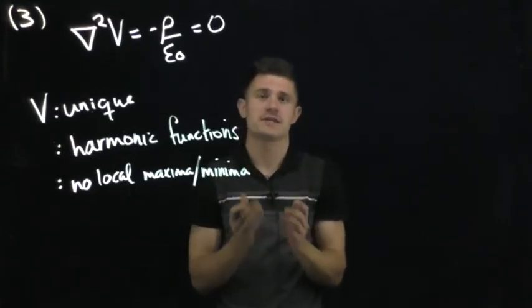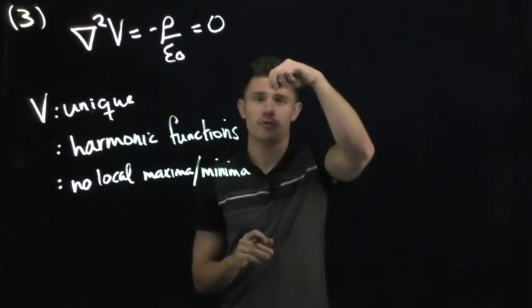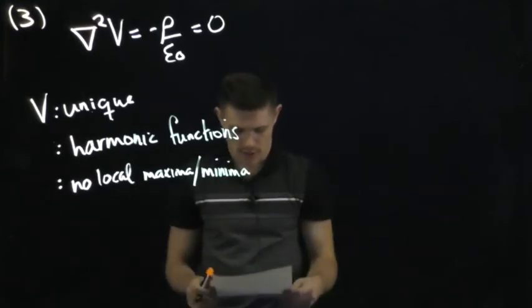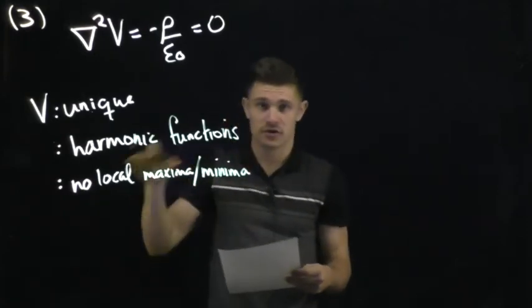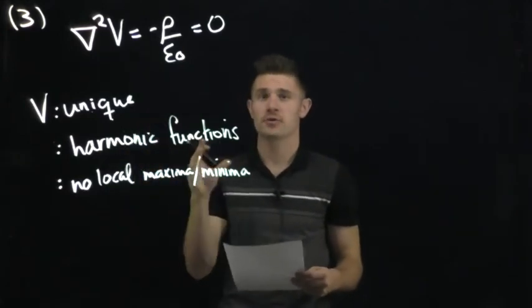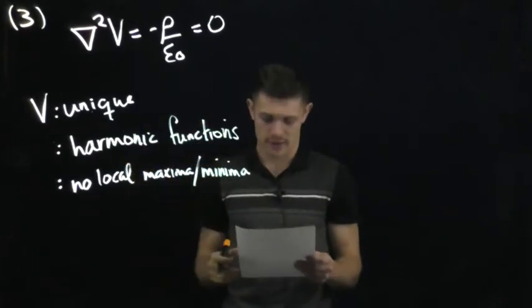It would never find a place to sit and get stuck. There would never be a peak for it to rest on top of perfectly, and there would never be a valley for it to get stuck in. So again, the stretch of the sheet minimizes the surface area. There's no local maxima or minima. It's a harmonic function. Those are the main points to this question. If you understand that, then it's pretty straightforward.